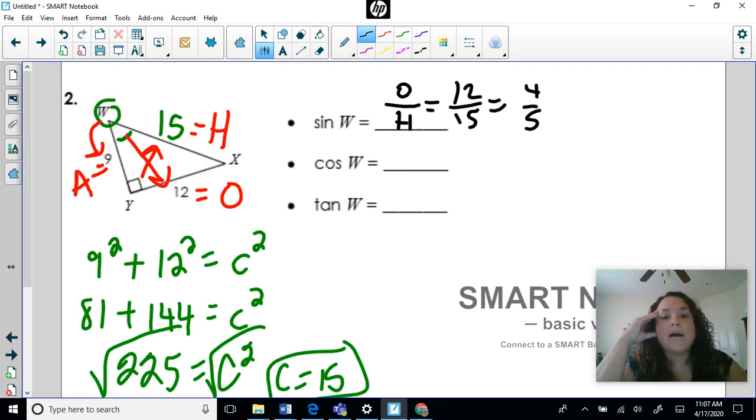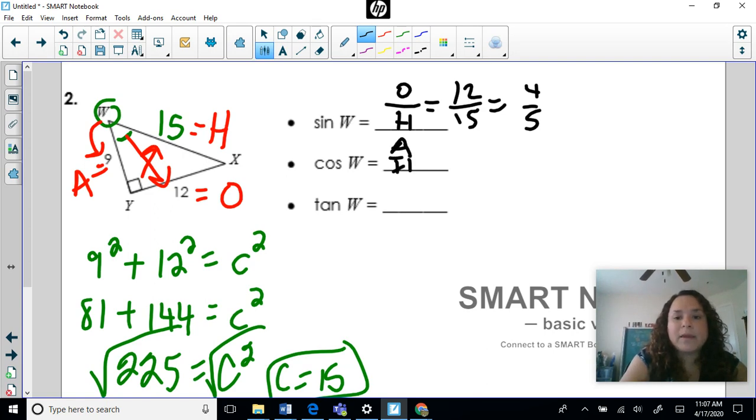Okay, then we have cosine of W, caught another hippie. So that's referring to A over H. And A over H in this case is 9 over 15, which can also be reduced by 3. And this fraction will become 3/5.